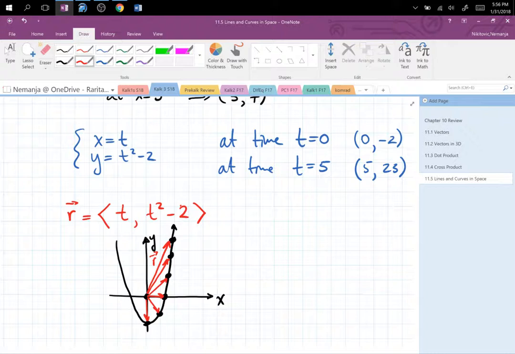So vector valued function is going to give you a vector as a result when you plug in your t in these components.